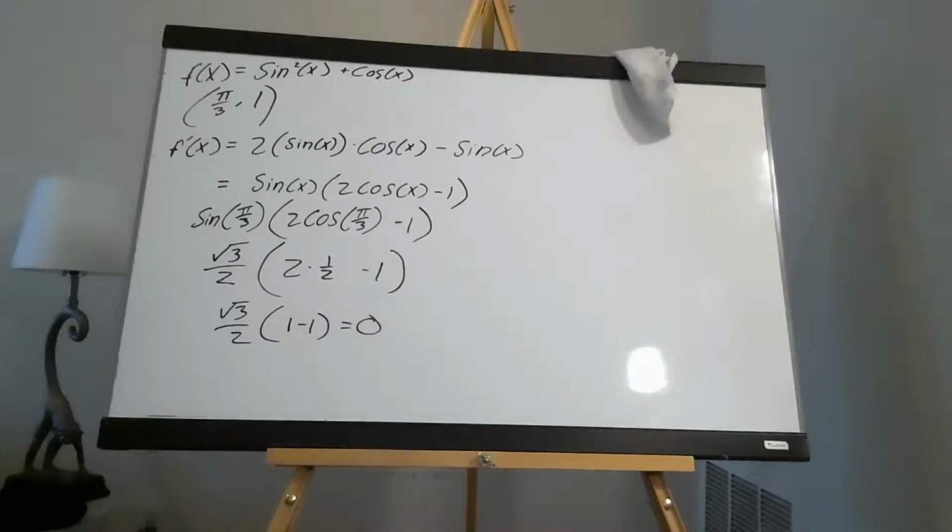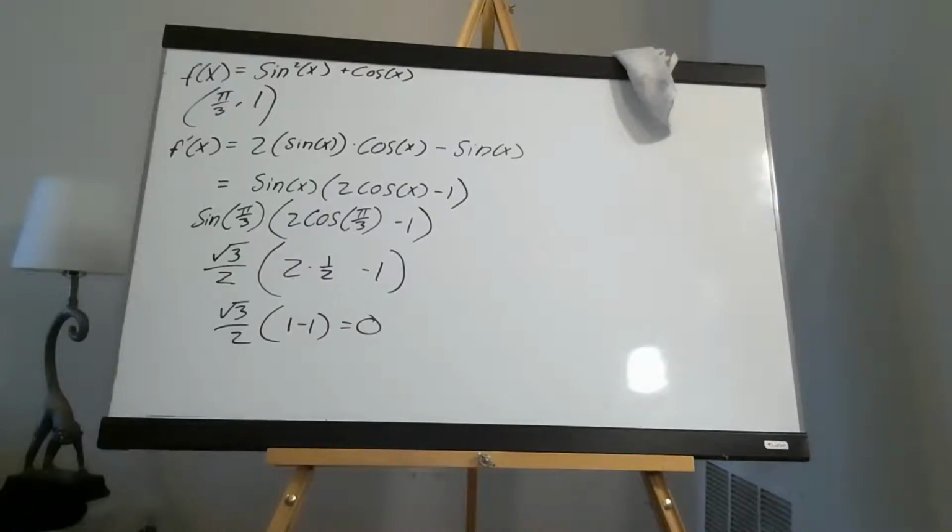Let's see what went wrong. Sine squared of x is sine of x squared. Take the 2 down, so 2 times sine of x times cosine of x. That's correct.